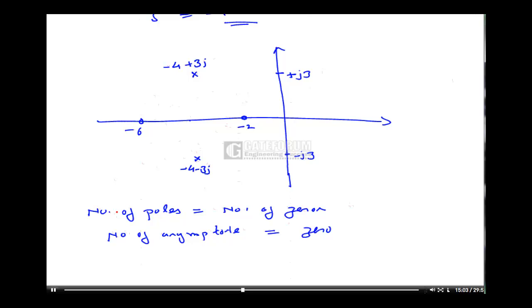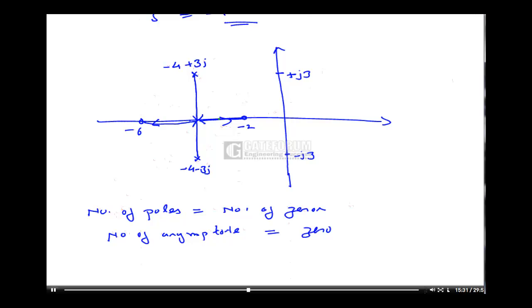Angle of arrival, angle of departure: since these two poles are there, these two poles will terminate at two zeros. So the poles will start moving from here towards this. Both these poles will come together here. After coming together here, one pole will move towards this side, another pole will move towards this side. Okay, so this is the way root locus is drawn for this system.